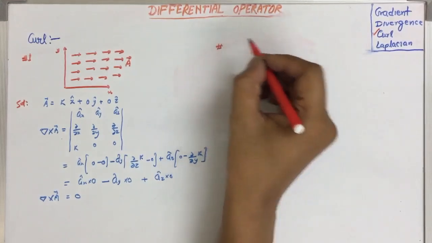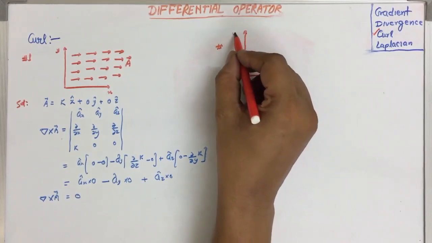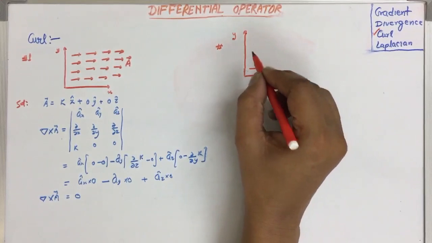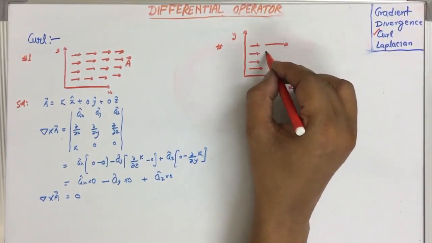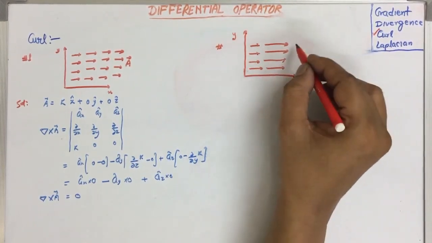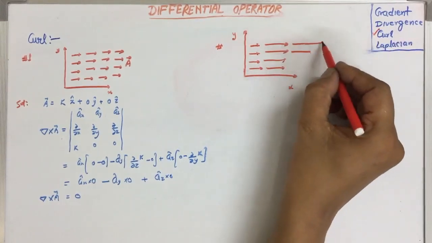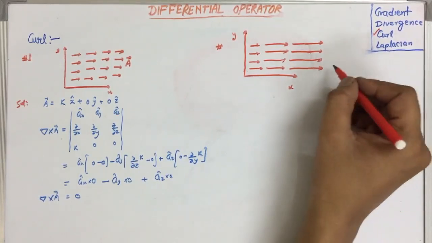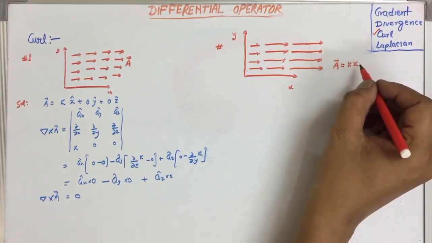Consider another example. Take the xy coordinate and consider the field changing in the x direction, and you can consider this change linear. It means A can be written as kx.